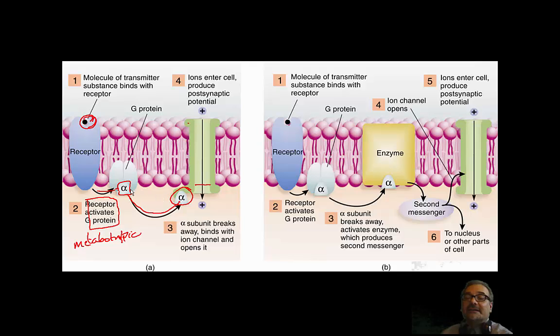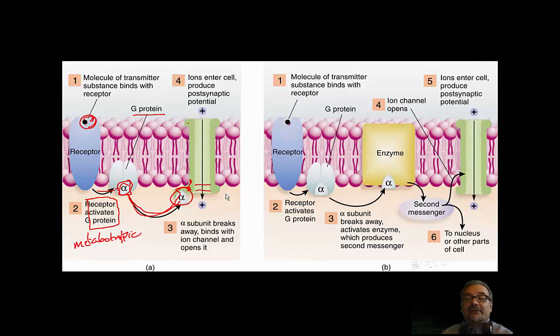So as you can see, there is the role of the G protein, which is activated by the neurotransmitter. The neurotransmitter itself is called the first messenger. The G protein is just the G protein. Alpha subunit cleaves off. It activates the receptor site, the binding site, and opening the channel.